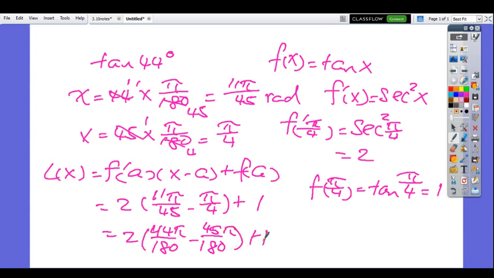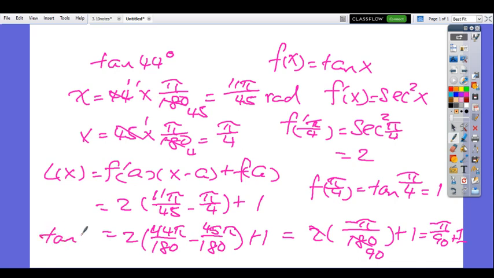Then you'll get 2 times negative pi over 180, plus 1. And then try to reduce, so this one's 90. So eventually it's going to be negative pi over 90 plus 1. Okay, so that will be the approximation of tangent of 44 degree, or tangent of 11 pi over 45 in terms of radian.